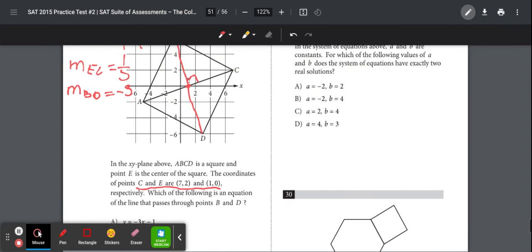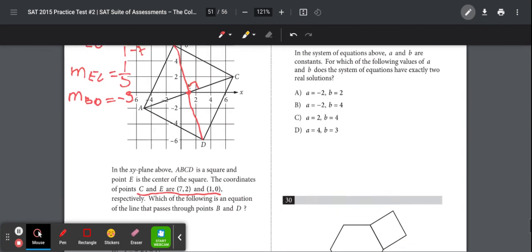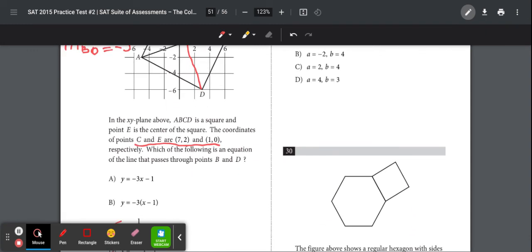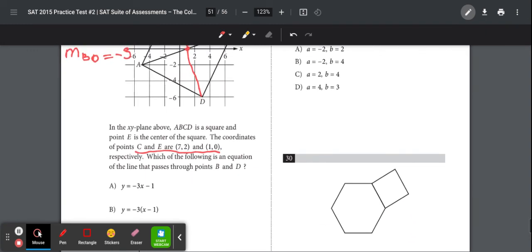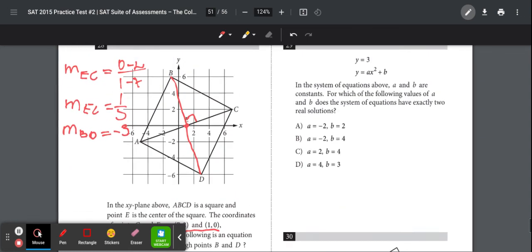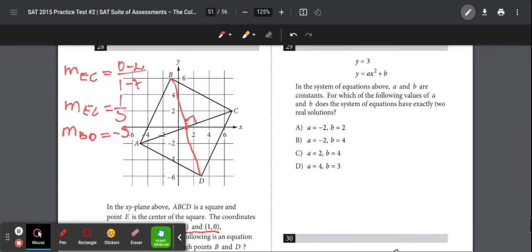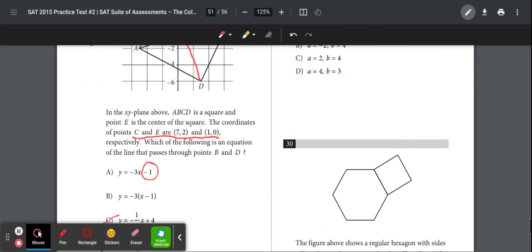Well, I can already see that A is not possible. Why is A not possible? A is giving me a y-intercept of -1 for that diagonal. Looking at my sketch on the coordinate plane, my y-intercept of BD actually is above the 0. So it cannot be -1.